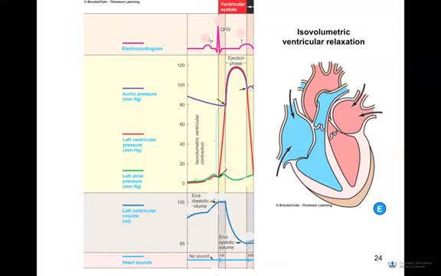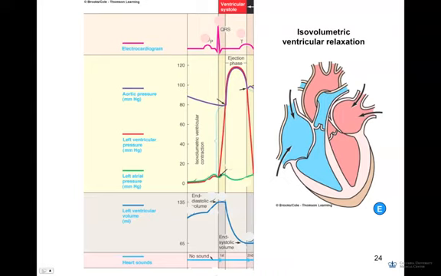And if we look down at the heart sounds, we see that at that point is the second heart sound. The second heart sound is caused by the closure of the aortic and pulmonary artery valves. So ventricular pressure falls below aortic pressure, the aortic valve closes.